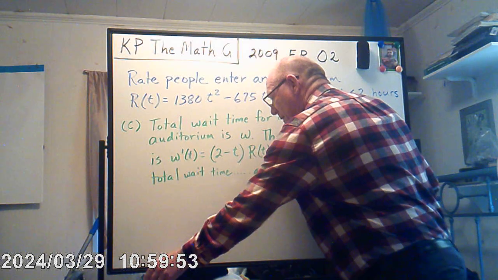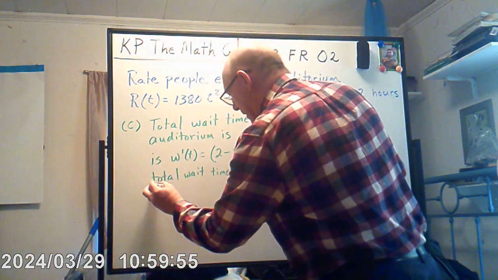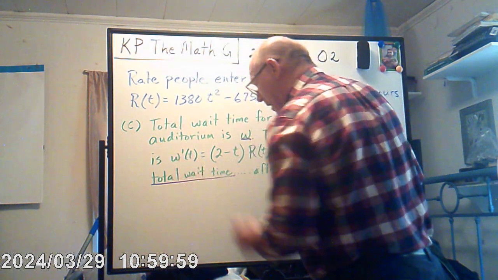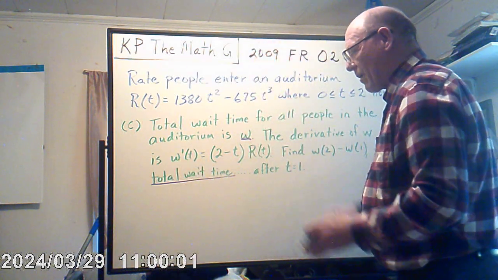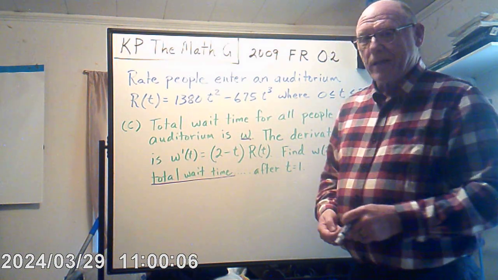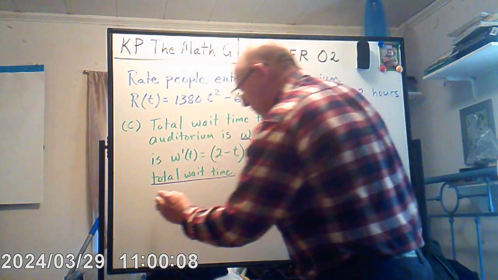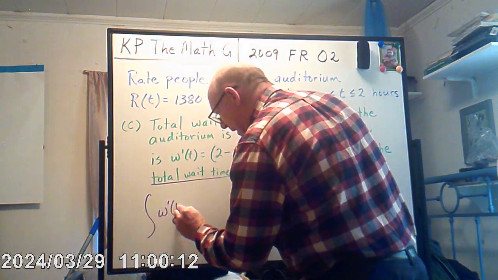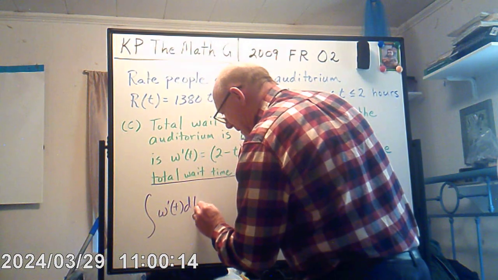Here's your total wait time right here. It is W, but you have W prime. So how do you do that? You have to take the antiderivative of W prime of t dt.